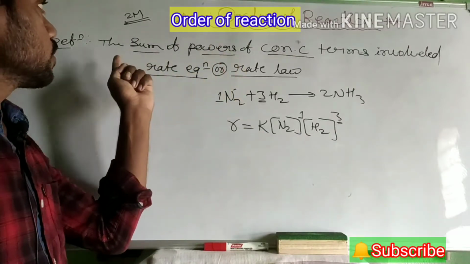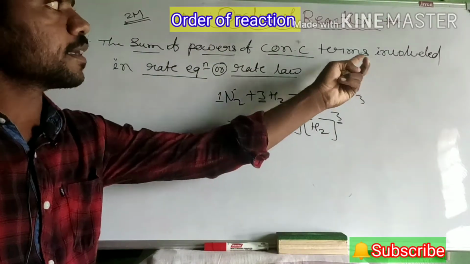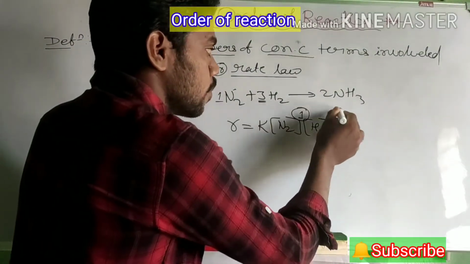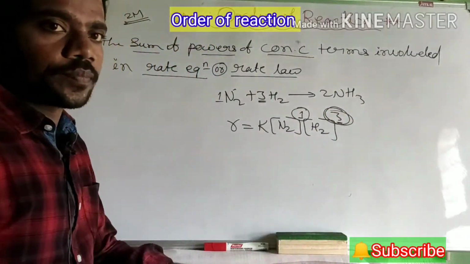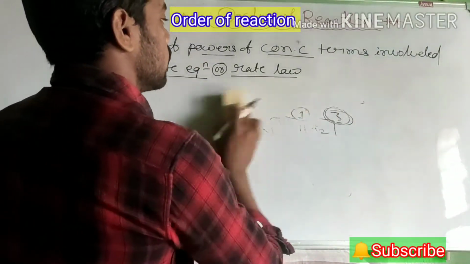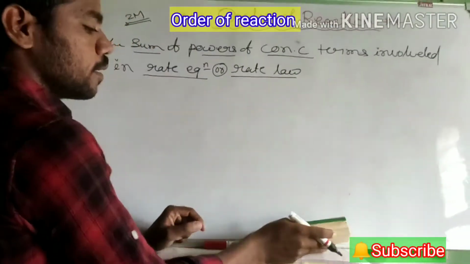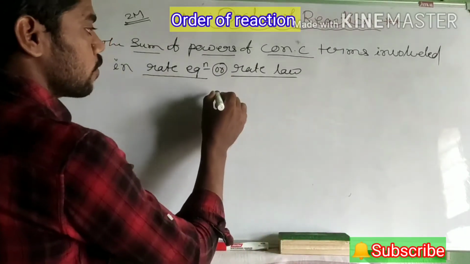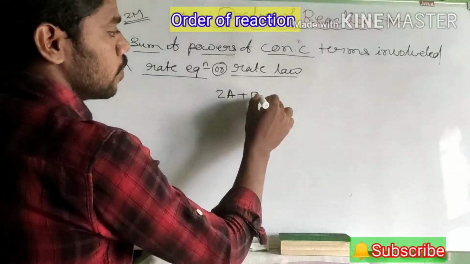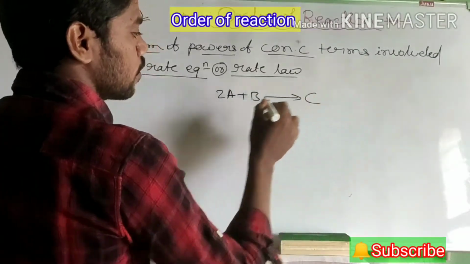You see, the sum of the powers of concentration terms involved in the rate equation. Sum of the powers, you see here, these are the powers. Understood? First I will explain the general equation, then I will go for the examples. First, go for 2A plus B gives C. What is the rate law?